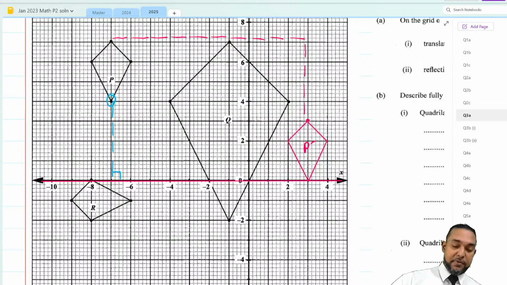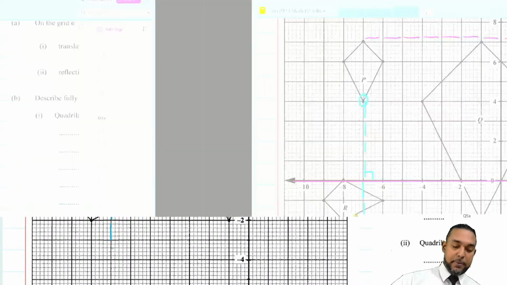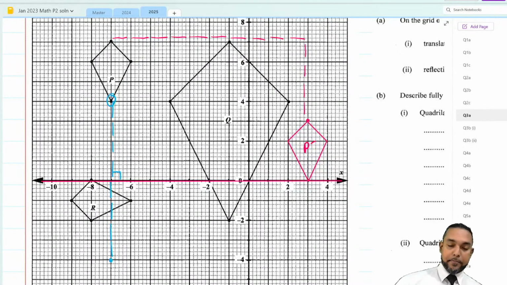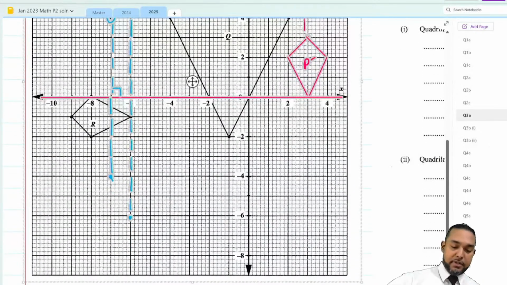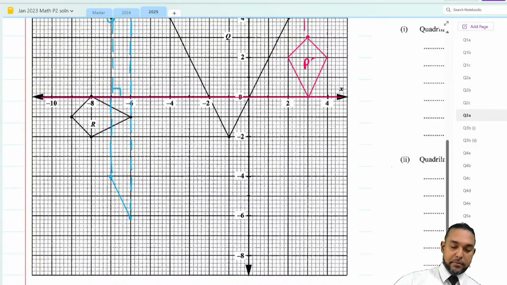Therefore, its reflection will have the same number of spaces on the opposite side. So you go 1, 2, 3, 4, 5, 6, and on the next side, 1, 2, 3, 4, 5, 6. So that point is reflected there, and you can just draw it in after that. And this is P double prime.